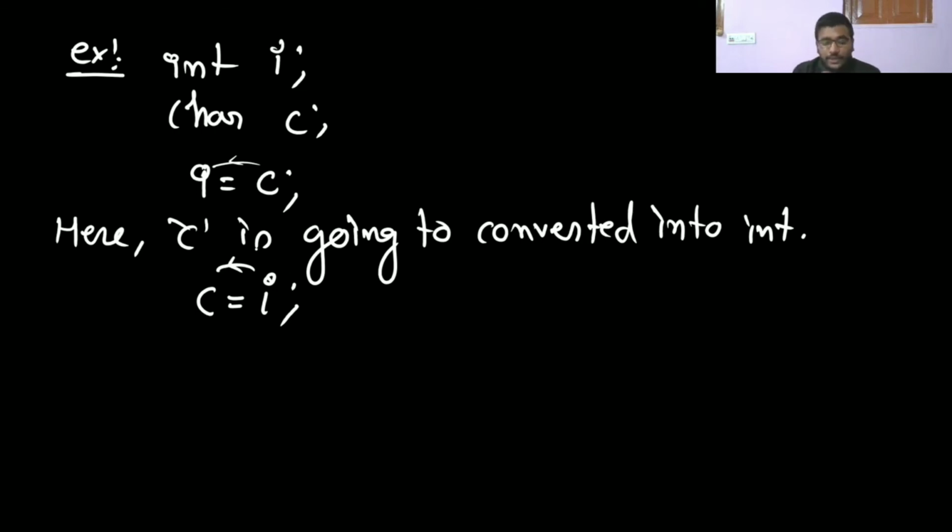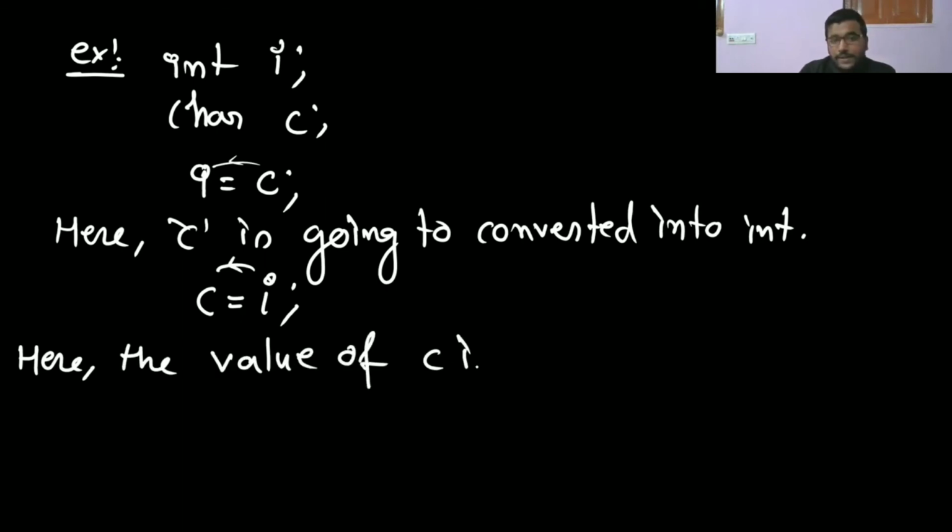The value of c will remain the same, it is not going to be changed. Why? Because we converted this to int, and this int I am giving back to char.